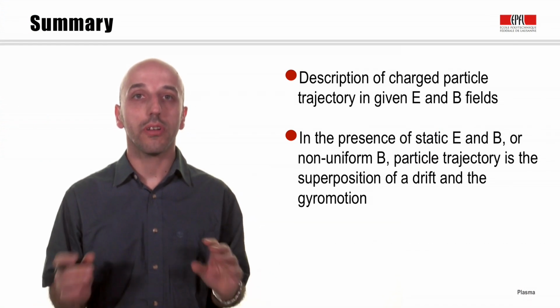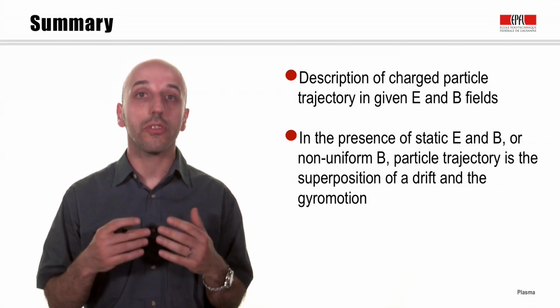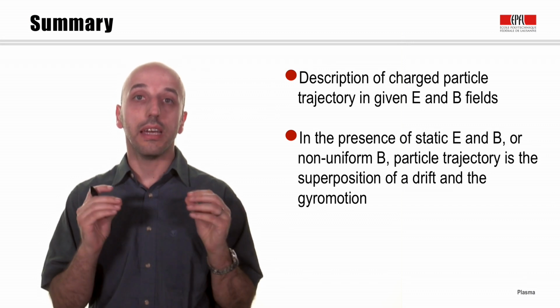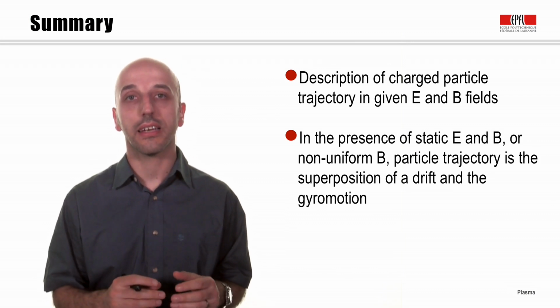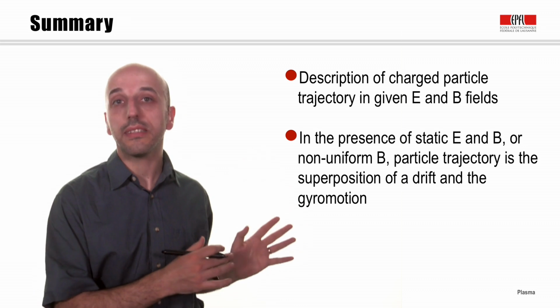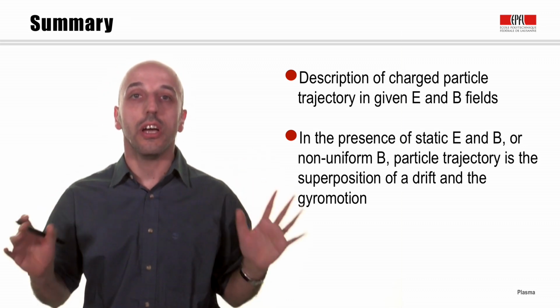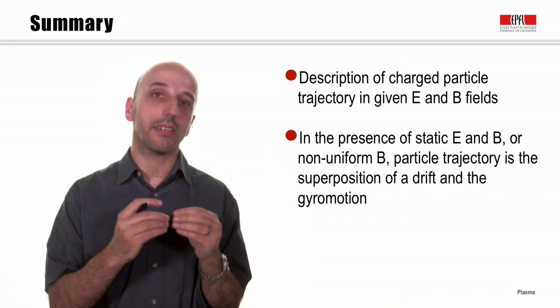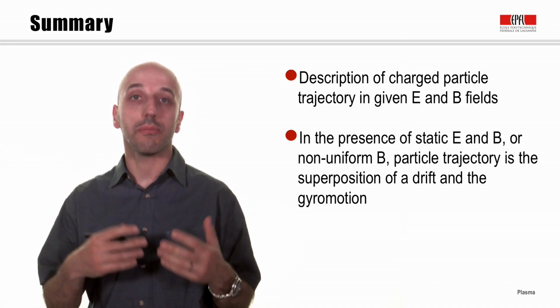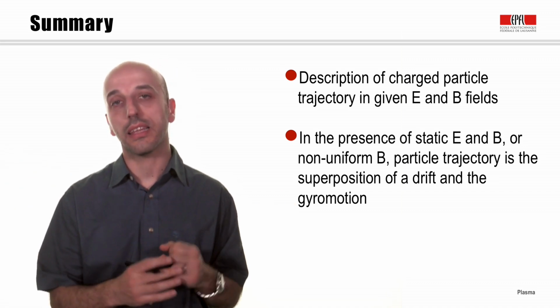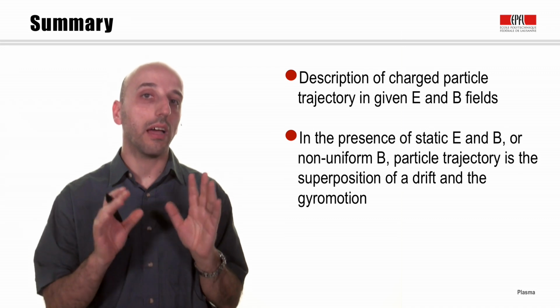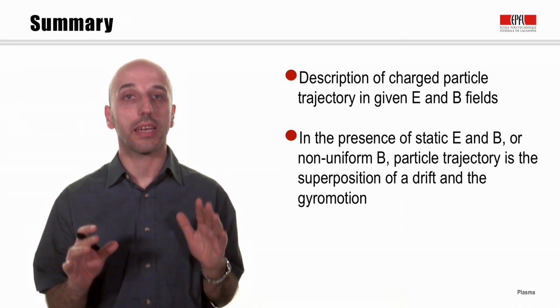In the present module, we have focused our attention on the trajectory of a particle in a given electric and magnetic field. In the past lecture, we had focused our attention on a quite simple case, the one of a uniform and constant magnetic field. Here we have considered slightly more complicated cases.